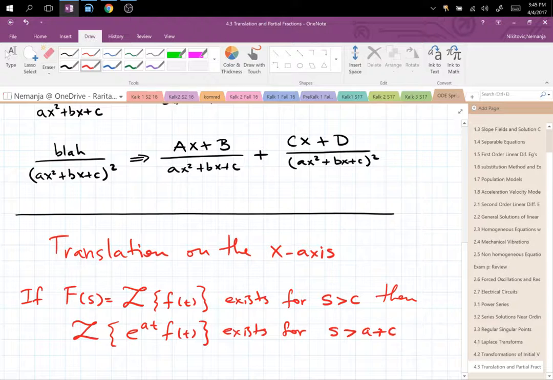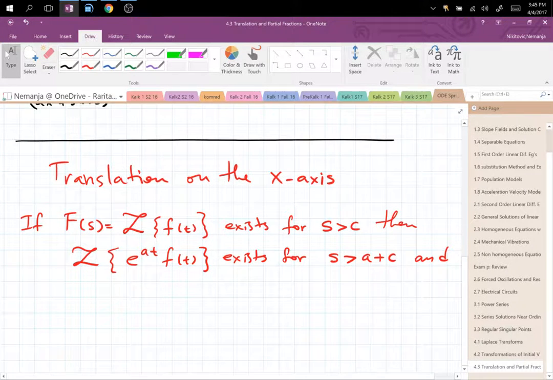I'll talk about this later. And here are the formulas.